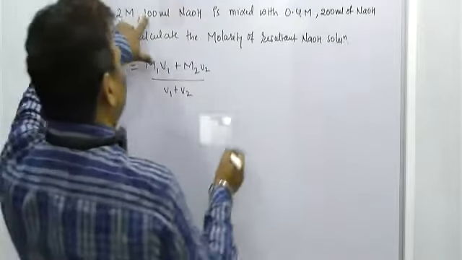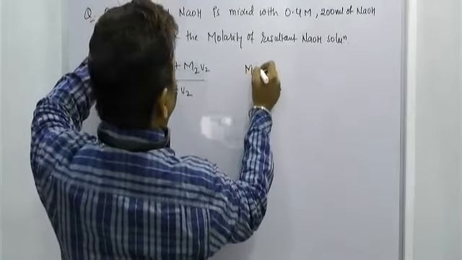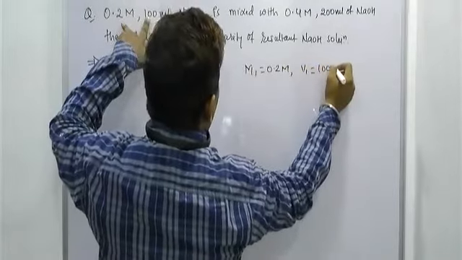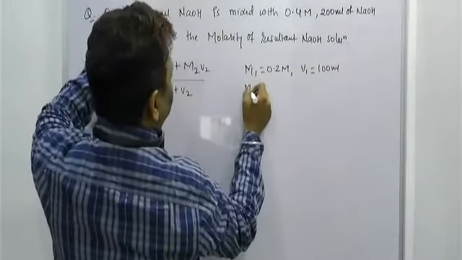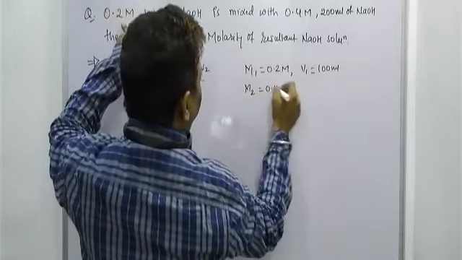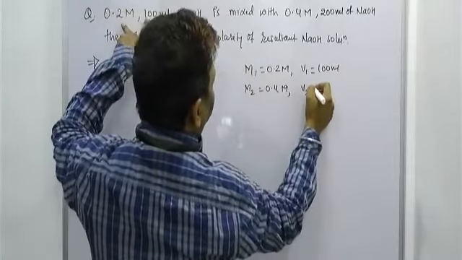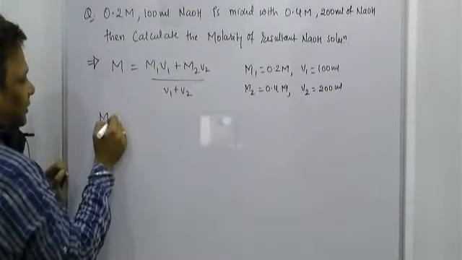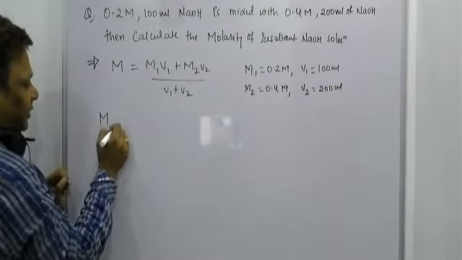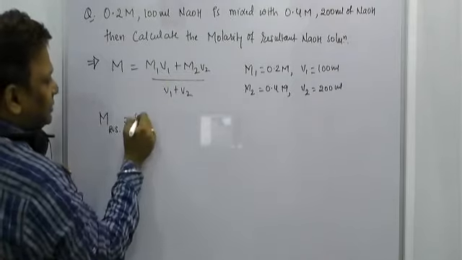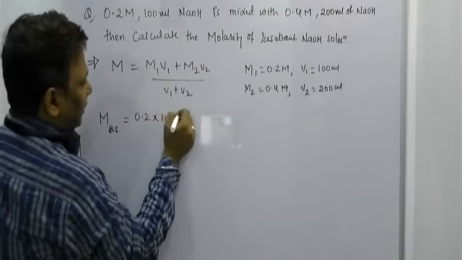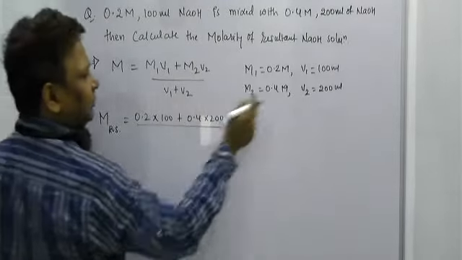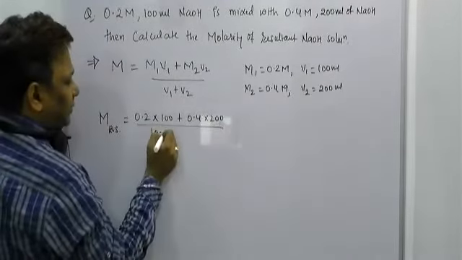But what is the M1 we can consider here? Sir, M1 is 0.2 molar, V1 is 100 ml, M2 is 0.4 molar, and V2 is 200 ml. Substitute here. Molarity of the resultant solution: M1 is 0.2 into 100, plus 0.4 into 200, over total V1 plus V2, 100 plus 200.